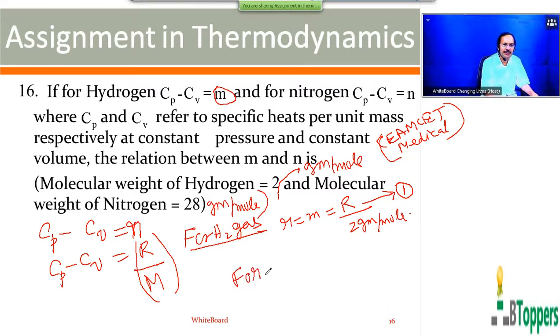For the next gas, that is nitrogen gas, the value of the specific gas constant or ordinary gas constant is denoted by small n, which you can write as the molar gas constant divided by the molecular weight of nitrogen. The molecular weight of nitrogen is 28 gram per mole.